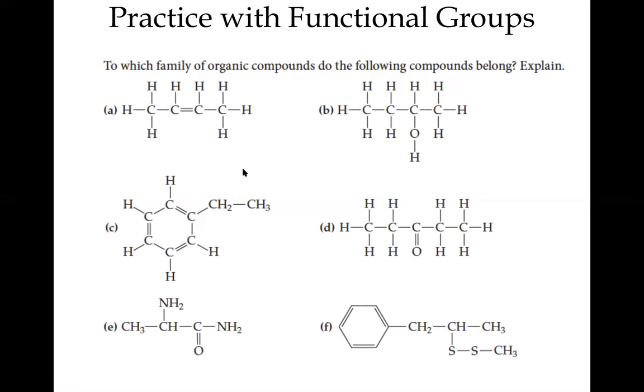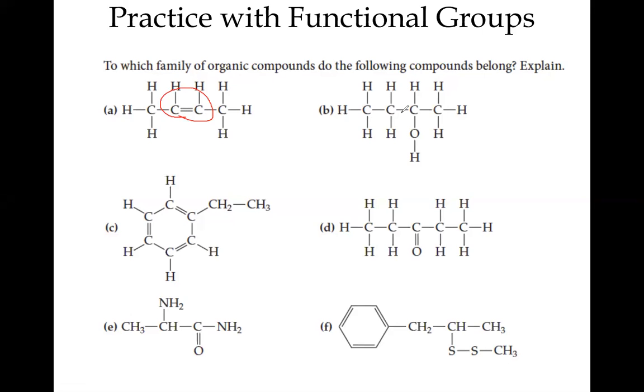So what do we have for A? Let's get my little annotating tool. What do we have for A? Well, we have this double bond here, right? So the family that it's going to belong to is alkene, right? It's an alkene because it has a double bond.